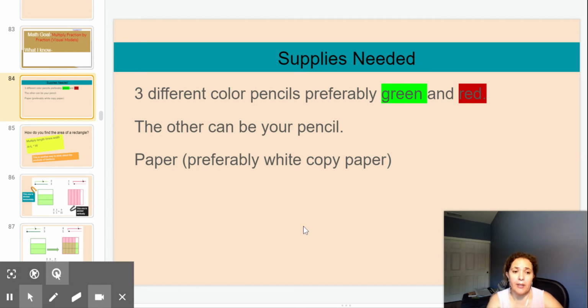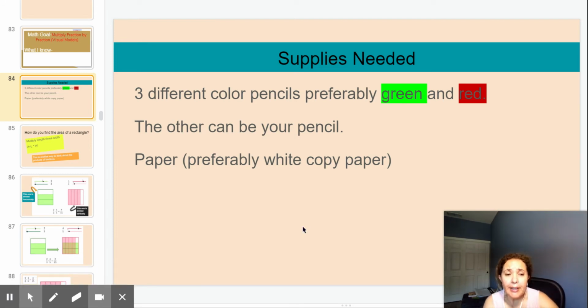All right, before we get started, you're going to need some supplies for this lesson, okay? You're going to need 2 different color pencils, preferably green and red, because that's what I'm using, so it'll make it easier. I'm using a light green and a red. You can see there. That's what I'm using. And then I've also used just a regular pen.